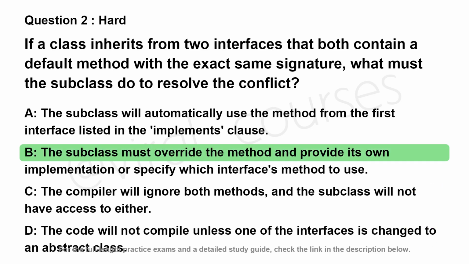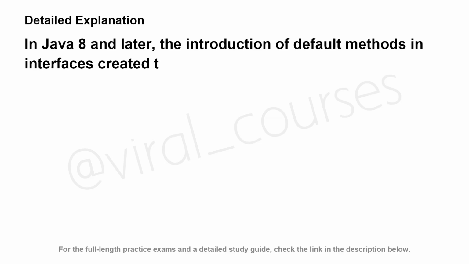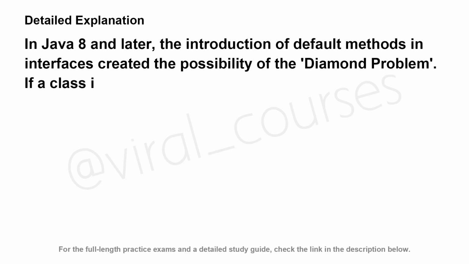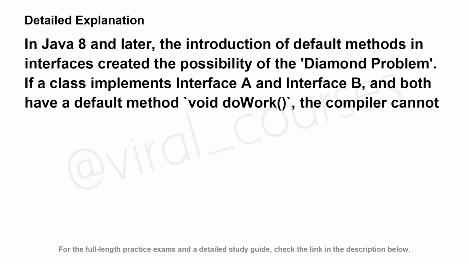The correct answer is B. In Java 8 and later, the introduction of default methods in interfaces created the possibility of the diamond problem. If a class implements interface A and interface B, and both have a default method void doWork, the compiler cannot determine which one to use.